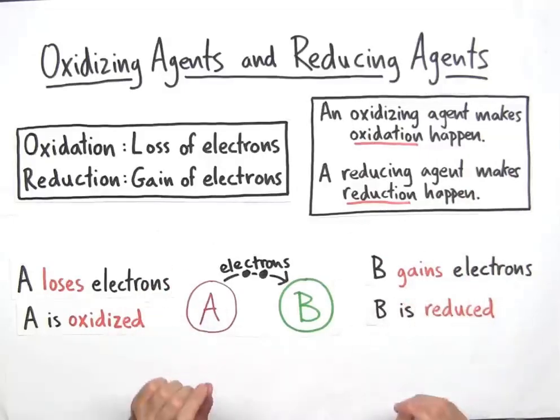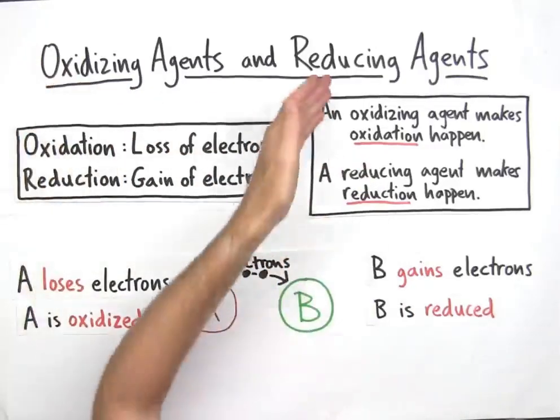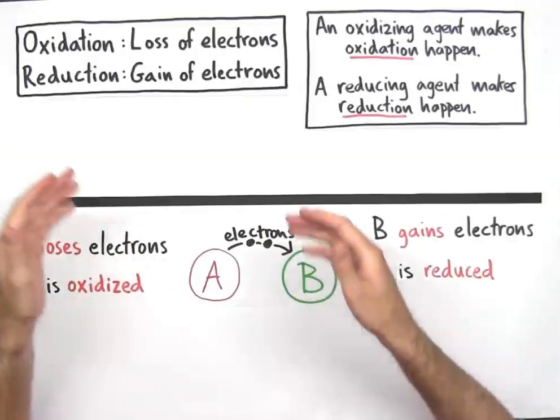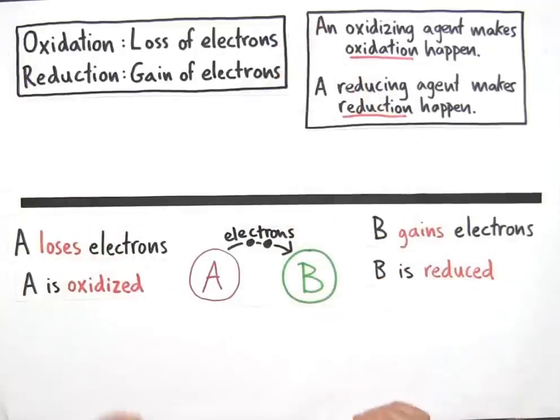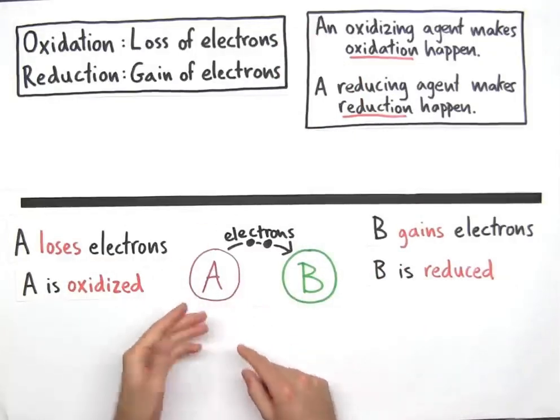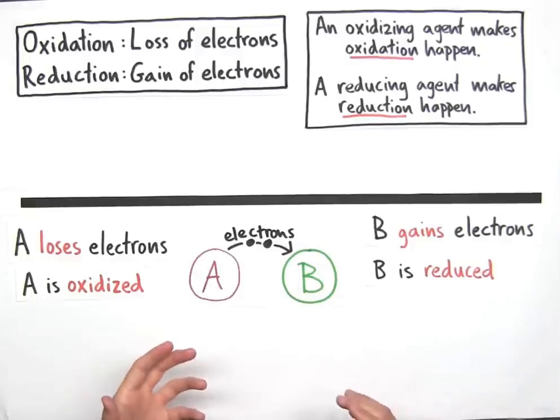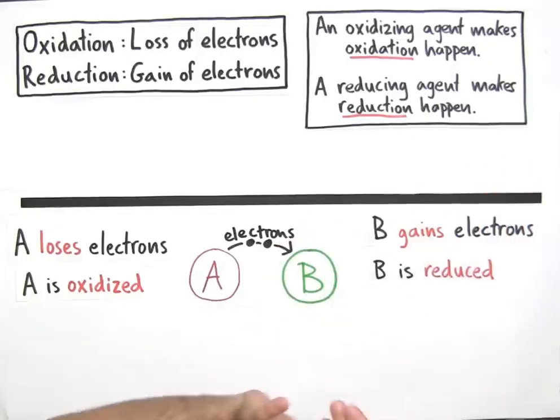Okay, so let's talk about the things that something would have to do to make oxidation happen, to make reduction happen. Let's start here with oxidation. What does something have to do to make oxidation happen? Well, take a look at this diagram. Here we have A, it's being oxidized, it's losing these electrons. But it's really important to remember that atoms can't just throw away electrons.